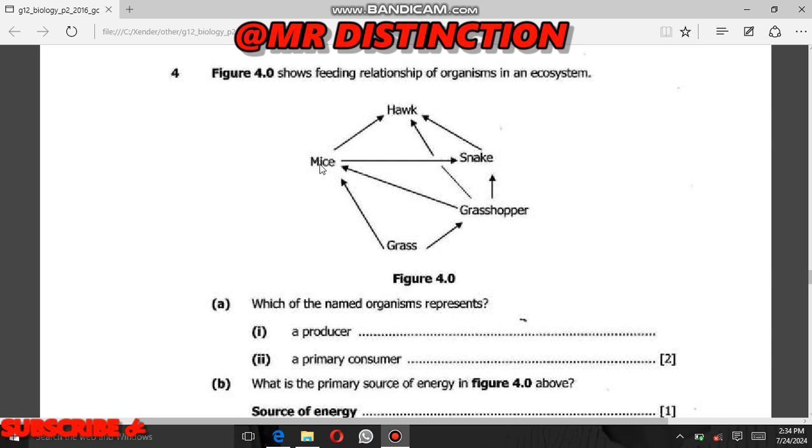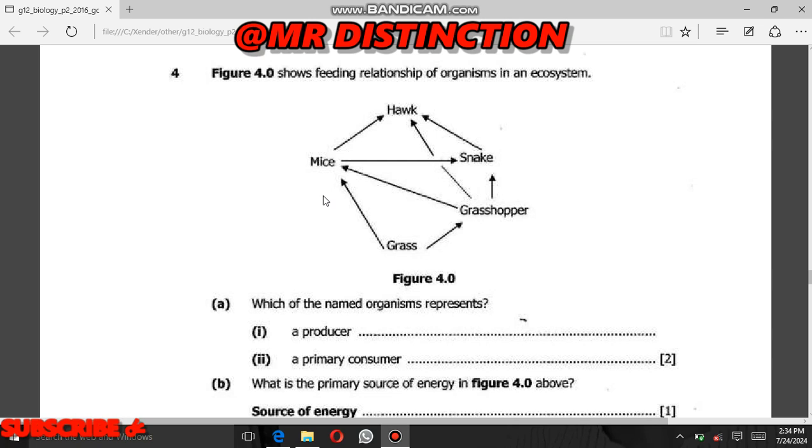So we can just check over here and see any green plant. We can see that we have grass over here. So grass was the answer for the first question. What about a primary consumer? A primary consumer is an organism which is feeding on a producer.